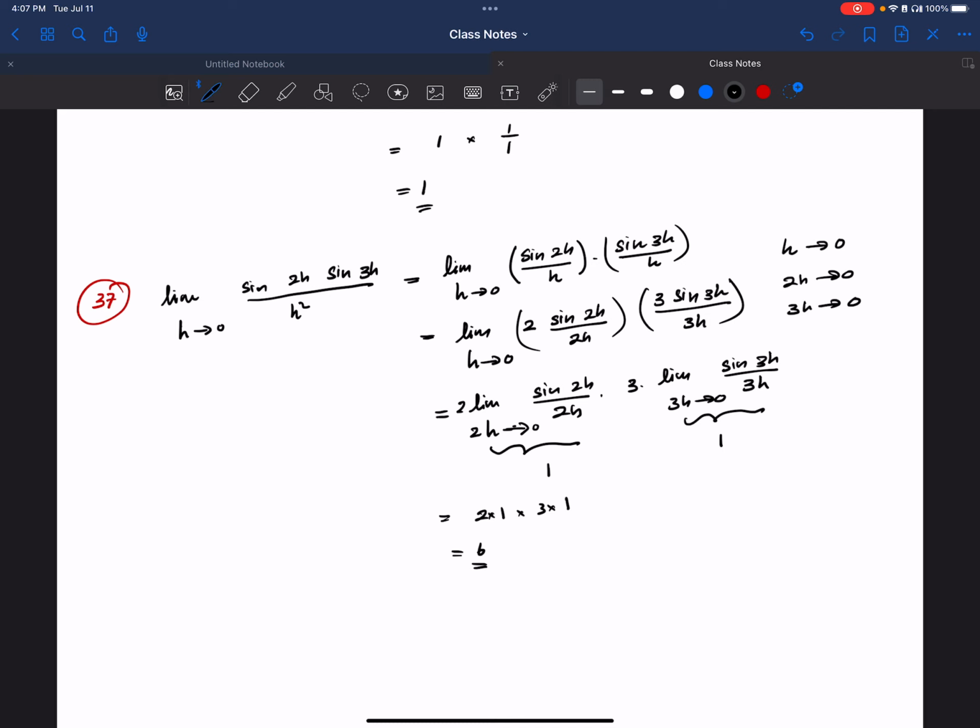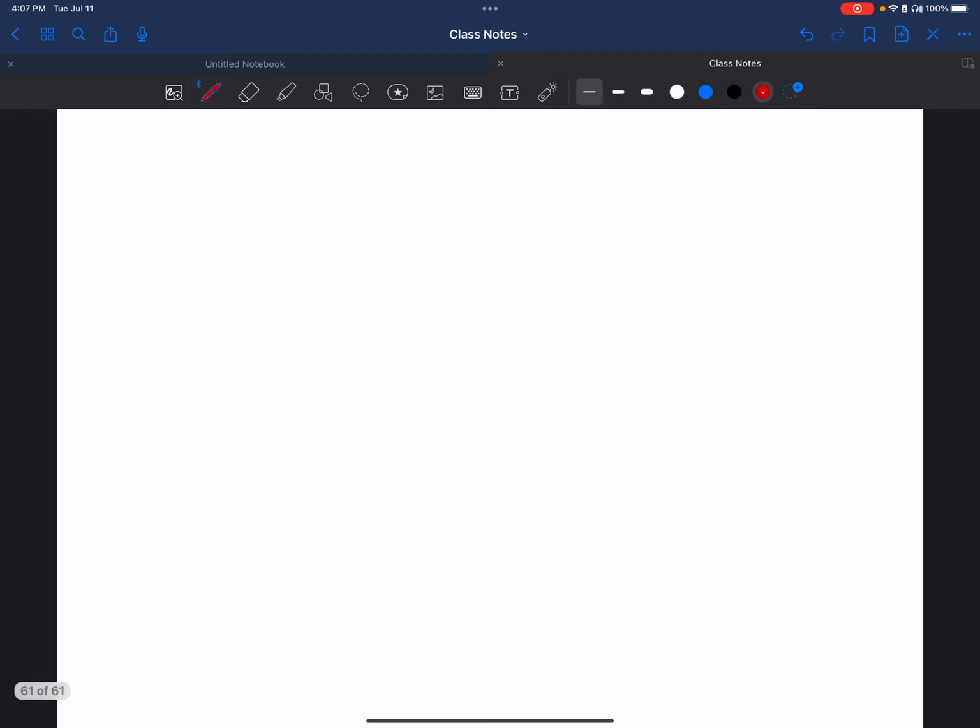And the next example is 44. We have the limit as h goes to 0 of 1 minus cosine 2h divided by h.